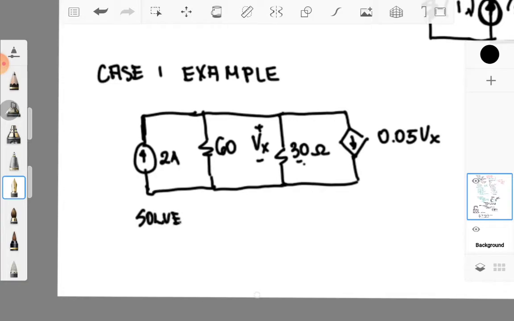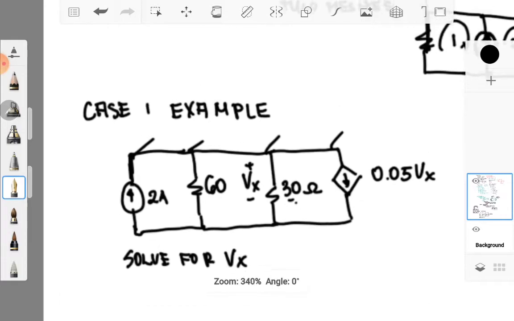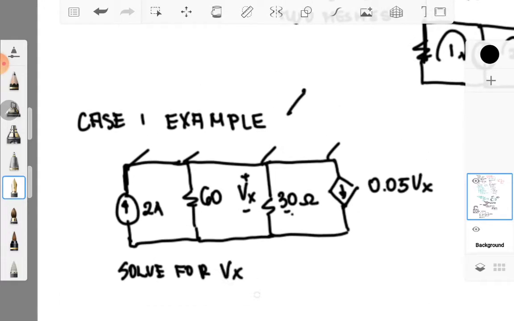Solve for Vx. Okay, pag sinabing solve for Vx lang yan, tip ko lang sa inyo is that wag kayong gagamit ng mesh analysis pag ganito kasi mas mahirap siya. Unlike pag gumamit ka ng nodal analysis, you will only create one equation kasi isang node lang tong tatlong to, di ba? Pag sinulat natin yan, magiging ganito lang yan: node 1, 60 ohms, 30 ohms, tapos yung 0.5 Vx.